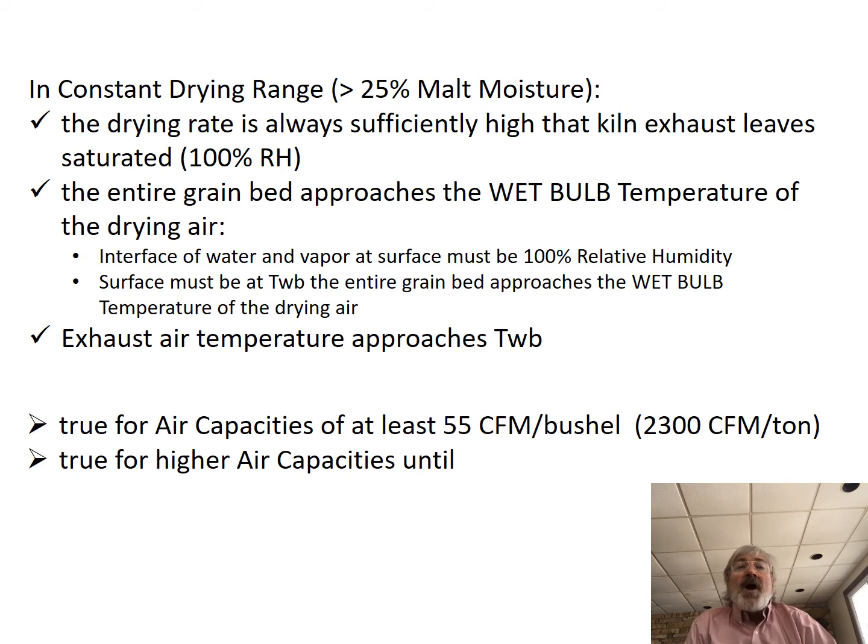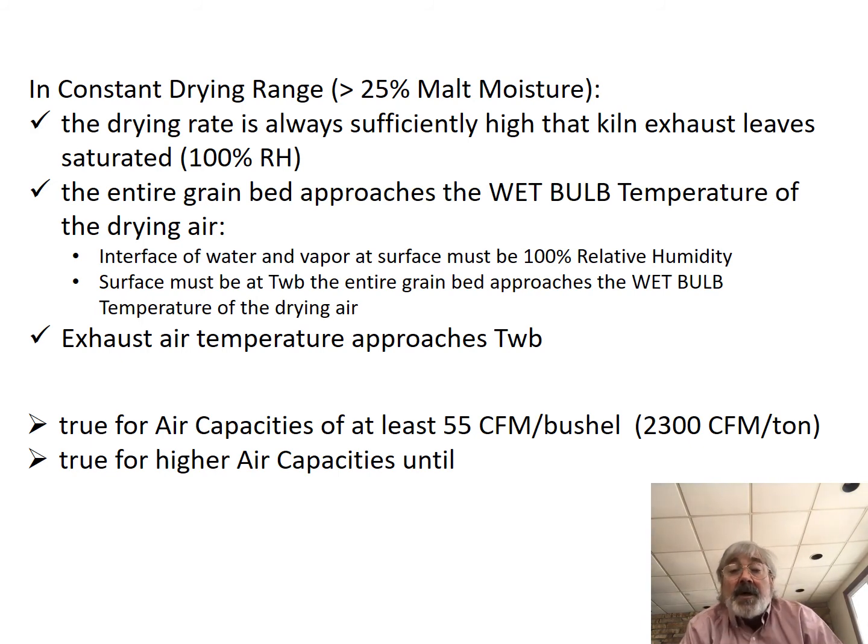when I'm in the constant drying range, drying at 100%, drying to saturated exhaust, the entire grain bed is going to approach the wet bulb temperature of the drying air. If you wanted to model this, you can see that if you were to model a grain kernel, there's an interface between the air and the kernel where there's water being converted to vapor, and right at that interface you're at 100% humidity.